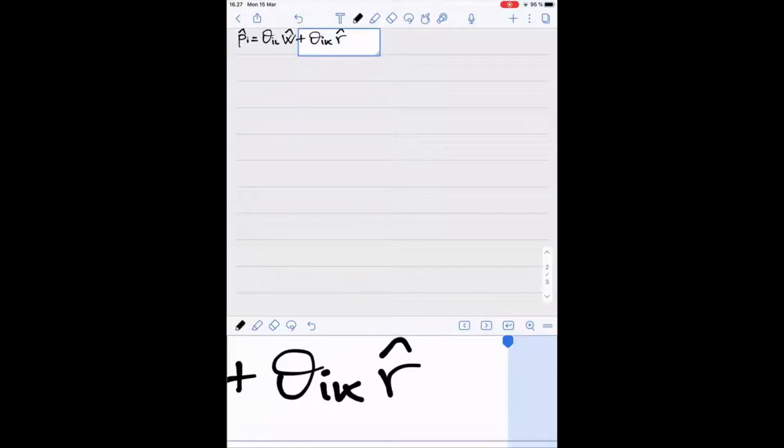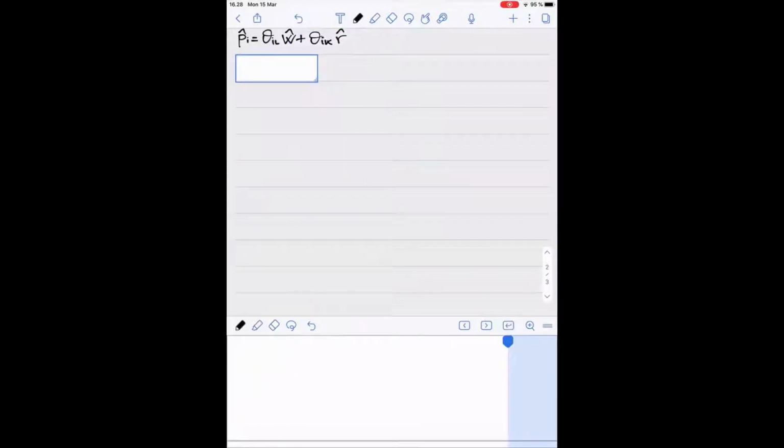Okay, beautiful. Now our objective is to express W hat and R hat, so the changes in the wage and in the rental on capital, as a function of the change in prices. So what we basically have to do is invert the system. Okay, so let me first write out the two pricing equations for the two goods.